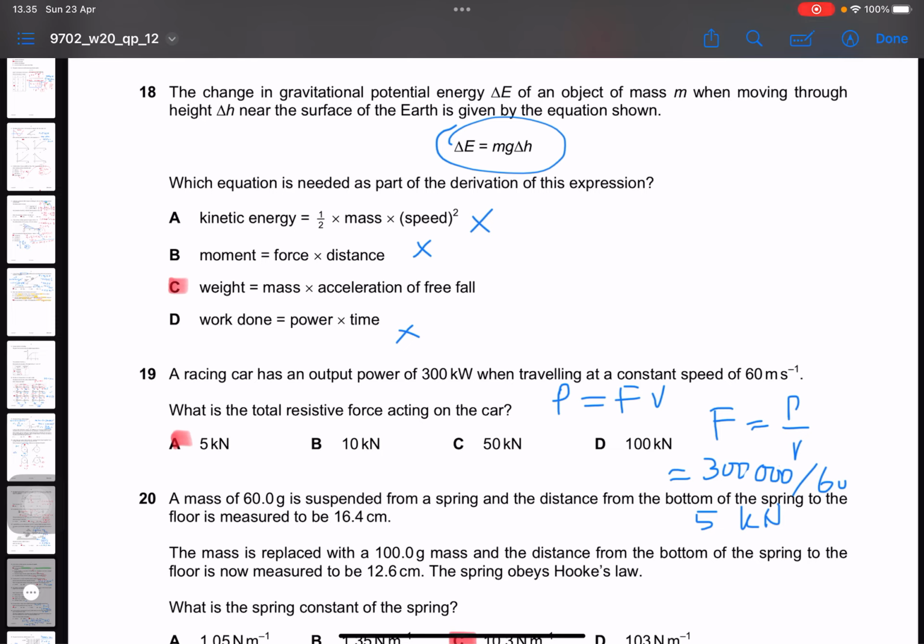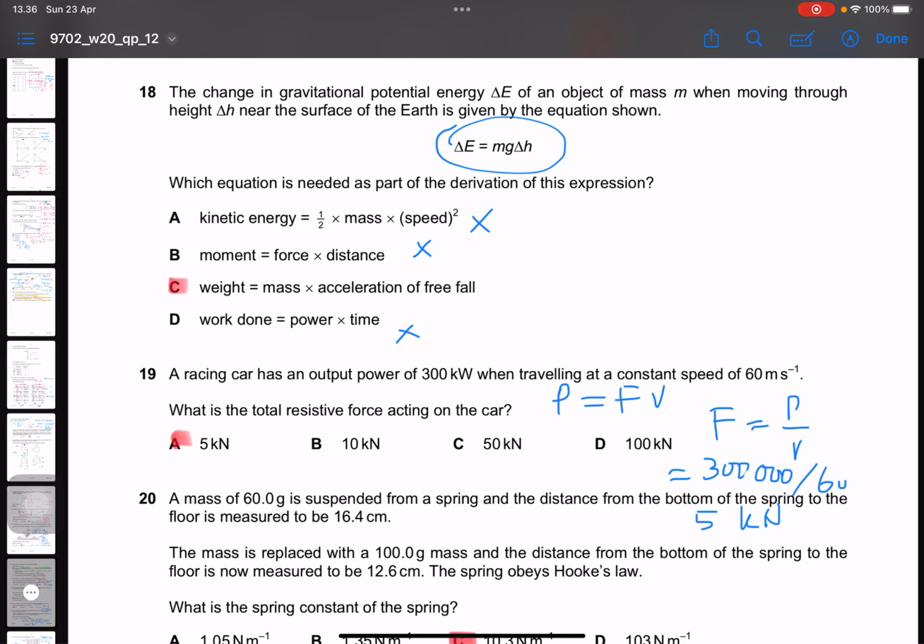Which equation is needed as part of the derivation of this expression? Kinetic energy, half mass times speed squared; or moment equals force times distance; or weight equals mass times acceleration of free fall; or work done equals power times time.